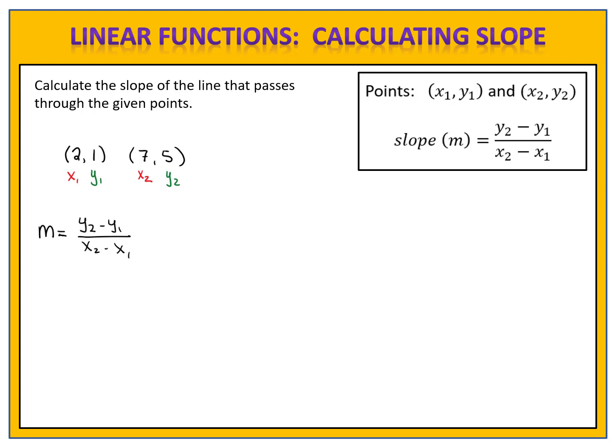Then we write our formula. M, which means slope, equals y2 minus y1 over x2 minus x1. See if you can substitute the numbers into the formula and determine the slope of this line. Please pause the video here and come back when you're ready to compare answers.